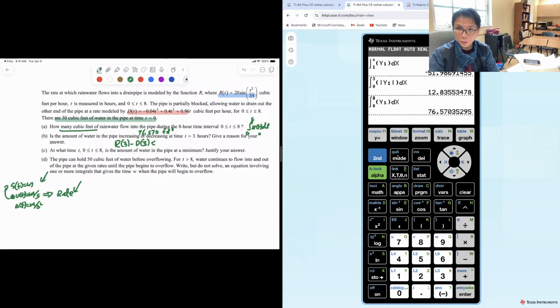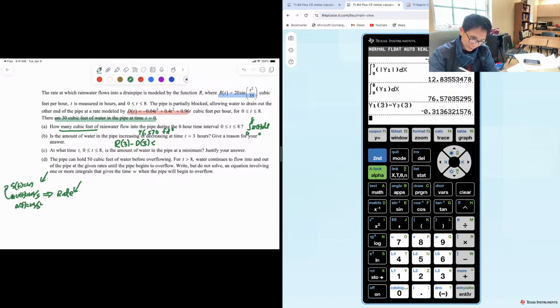So I'm gonna do y1 of 3 minus y3 of 3, and that's gonna give you negative, it's less than 0, so it's decreasing.